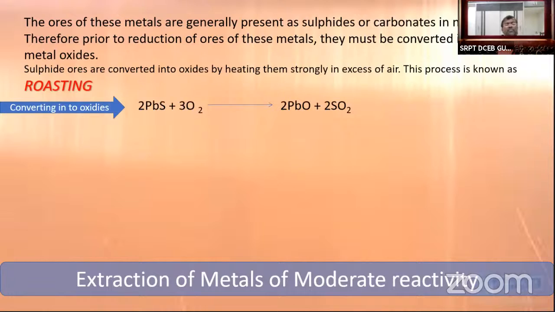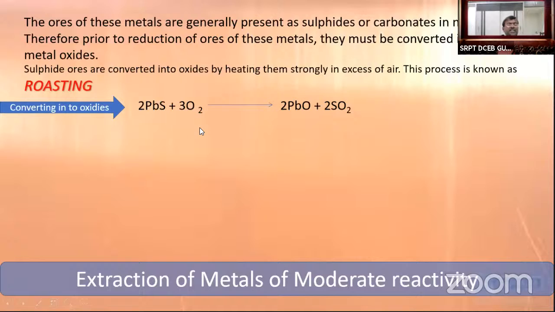The first step, let us take one example, that is lead sulfide. Lead sulfide is an ore of lead. It is in the form of sulfide. So in order to reduce the lead sulfide into the metal, the first stage is that we have to convert this lead sulfide into lead oxide.